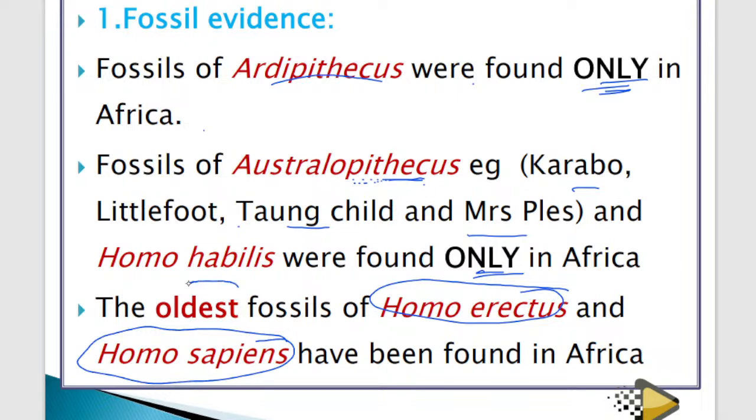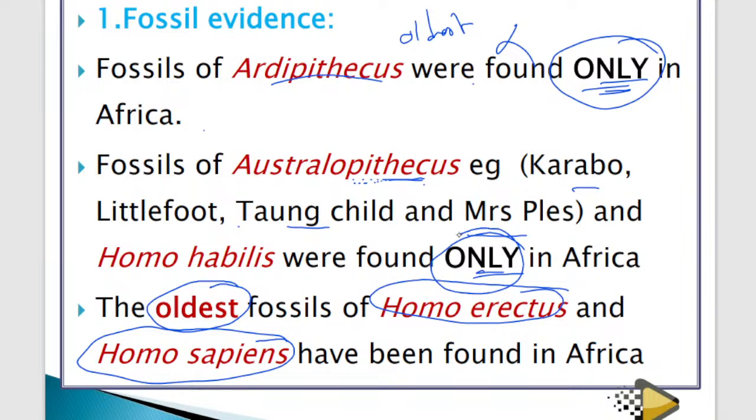Therefore, you have to add the word the oldest. If you do not add the word the oldest, your answer is going to be wrong. We will ask you, what about the newest? Where did you discover them from? You don't have the answer. So here you say only found in Africa. This word must be there.